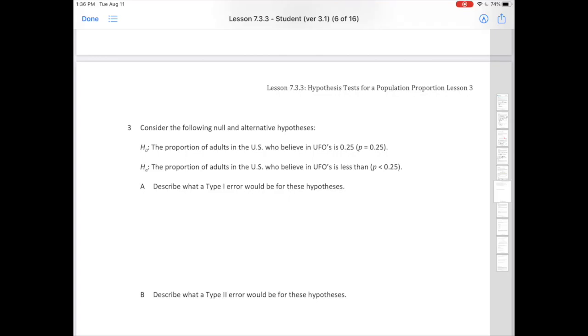Okay? Describe what a type 1 error would be for these hypotheses. So remember, a type 1 error is we reject the null even though it is true.